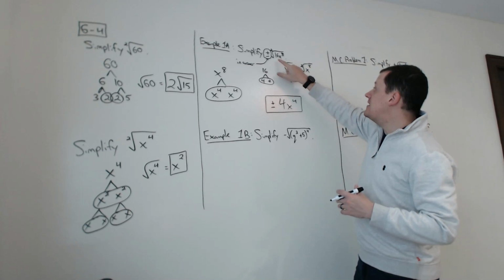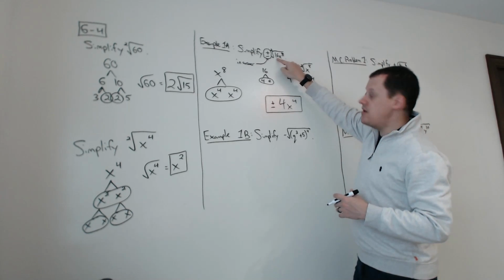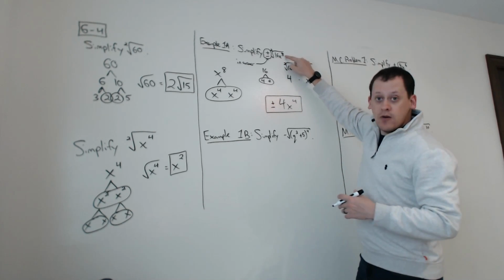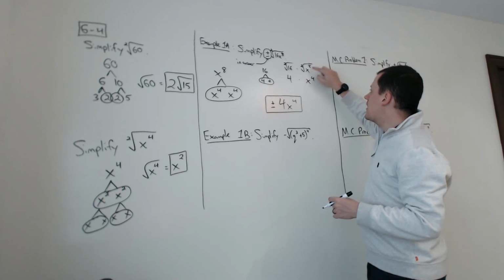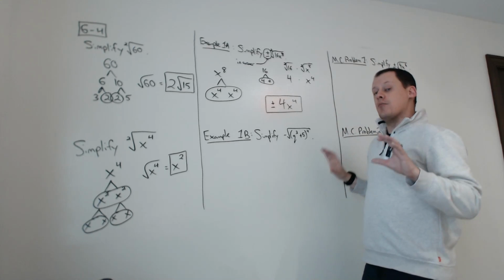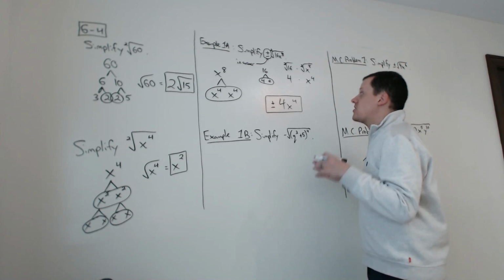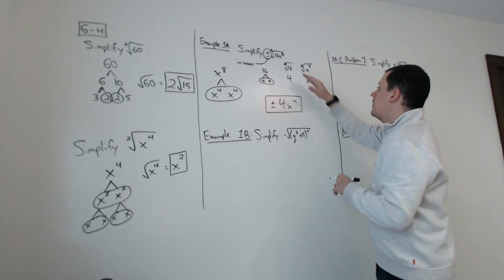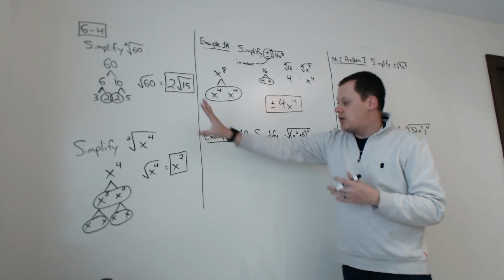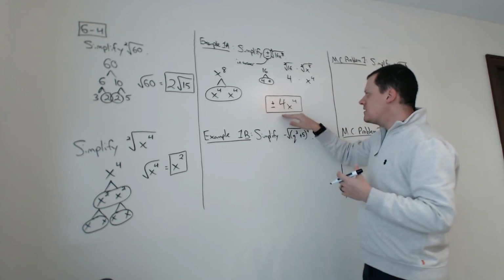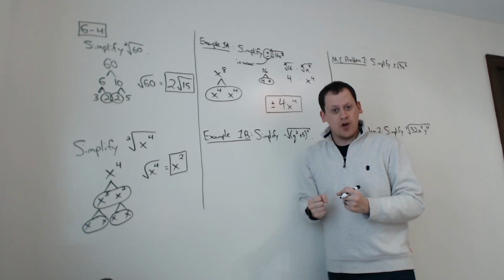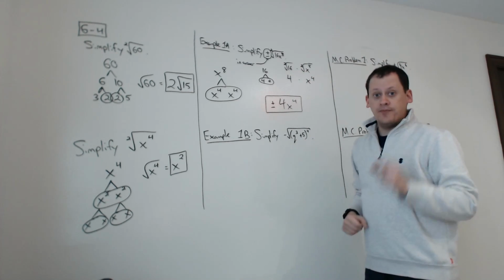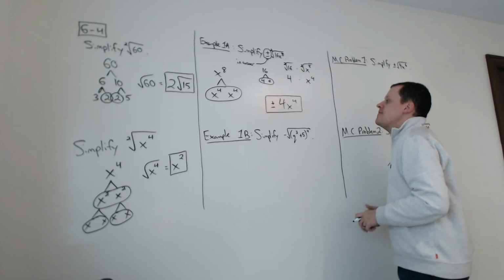But the main idea is if we've got a number out front and then a letter to a power, you can split that into the number by itself and then the letter to the power by itself and break them down separately. That's a great first step. From there, you have to go through some of these steps to get to the answer, but what is best is to be able to start a problem like this by splitting it up. That is a super important step.